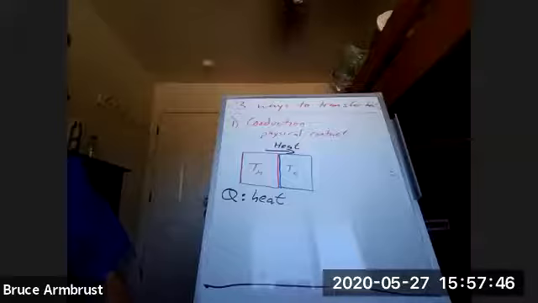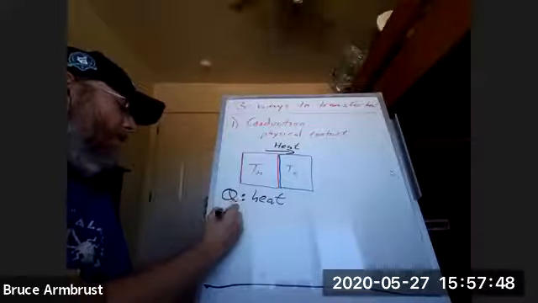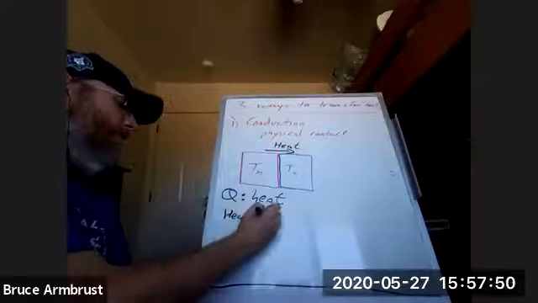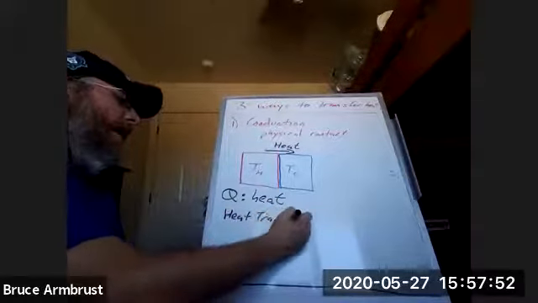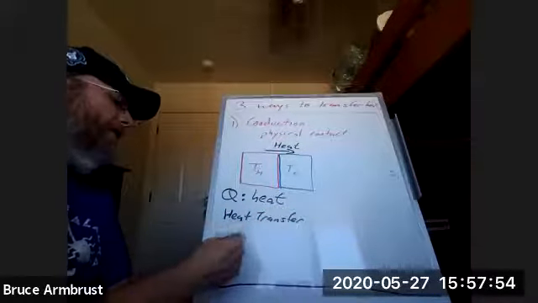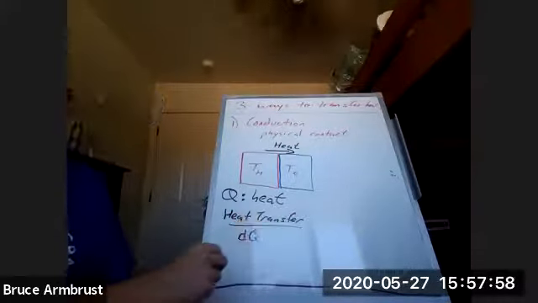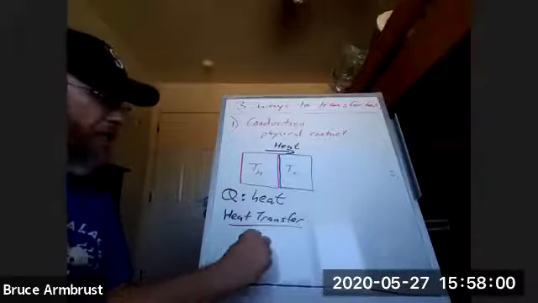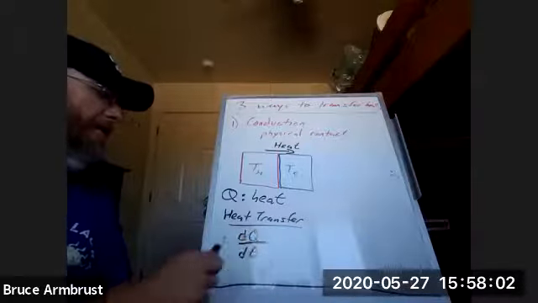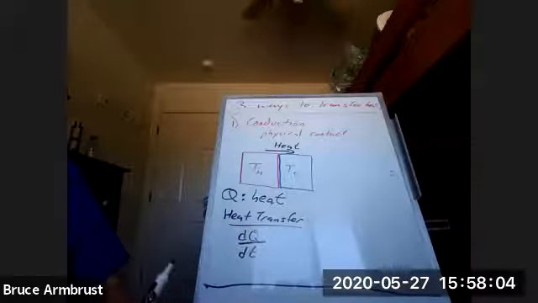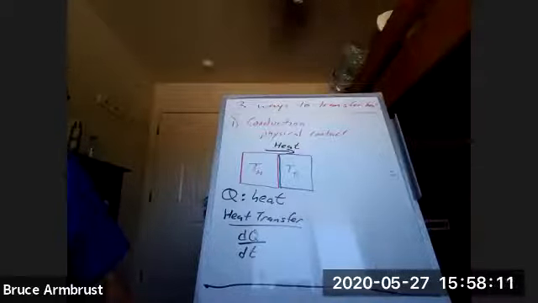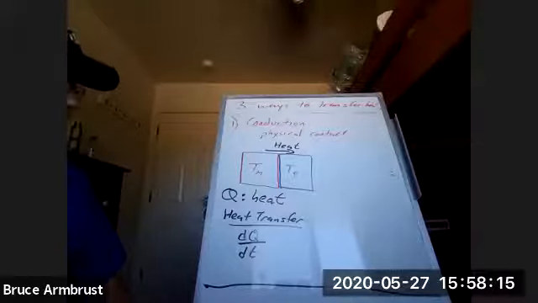Now, heat transfer, this is what we're going to actually measure here. This is dQ/dt. So we're looking at the change in the heat with respect to time. So how quickly is this happening?